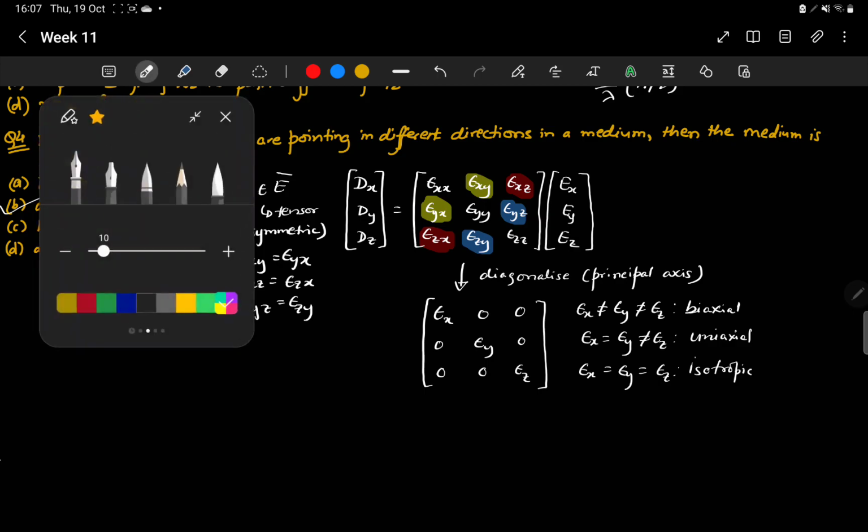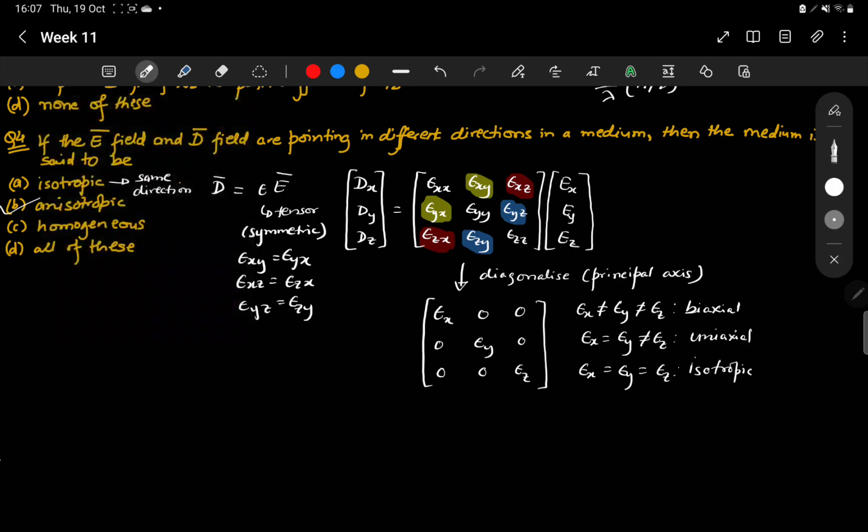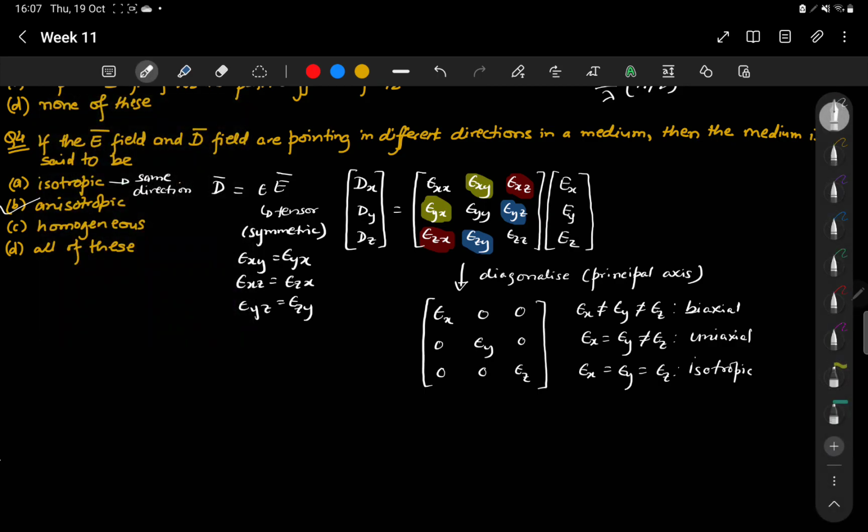So if I were, okay, let me get it back here. Yeah, if I were to count the number of independent elements, then it would be these elements right here.